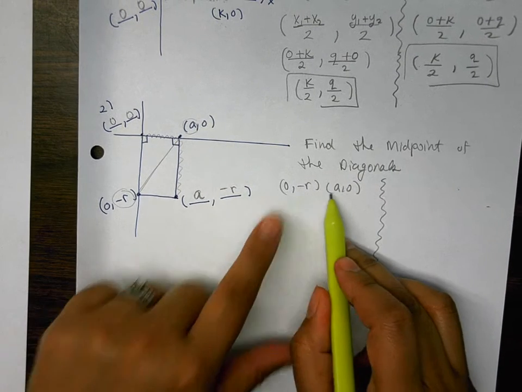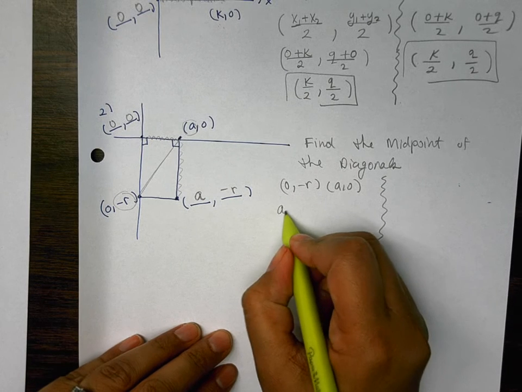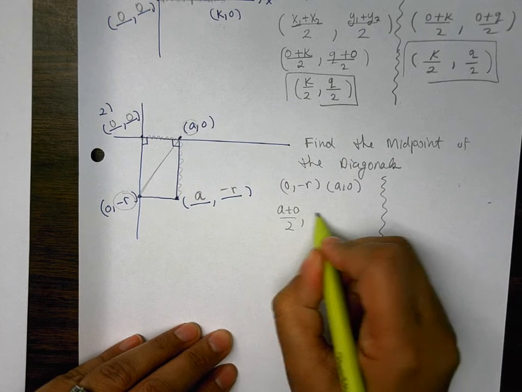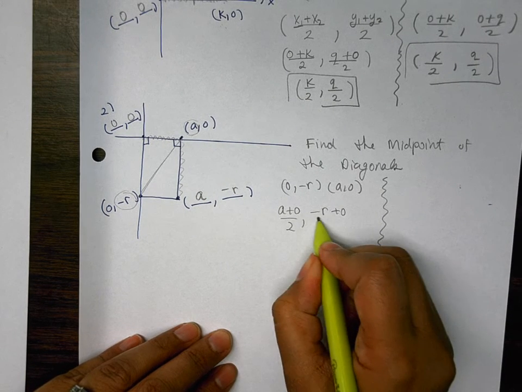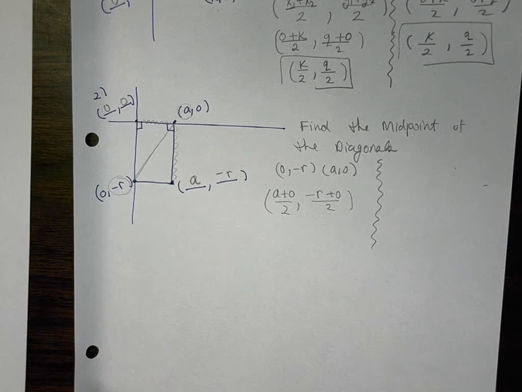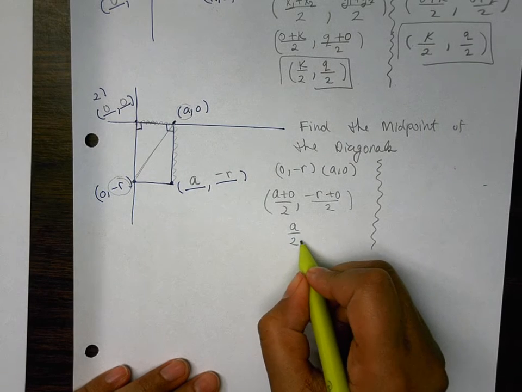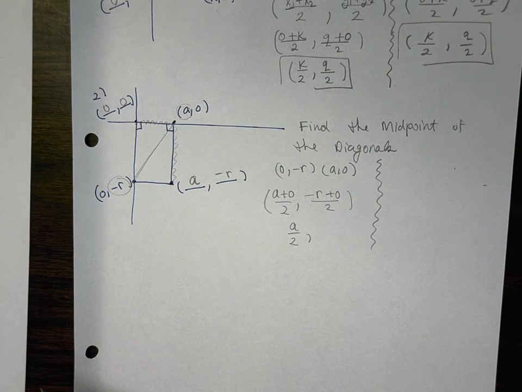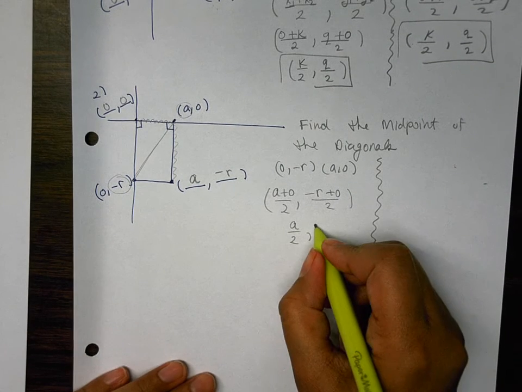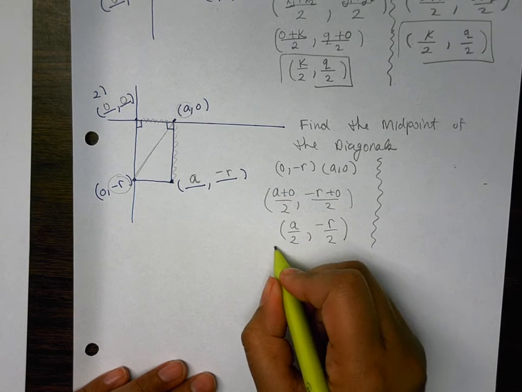What do I do with the x values? Add or subtract? Add. A plus 0, cut it in half. Negative R plus 0, cut it in half. What's A plus 0? A. And A cut in half is A over 2. What's negative R plus 0? Negative R. And negative R cut in half is negative R over 2.